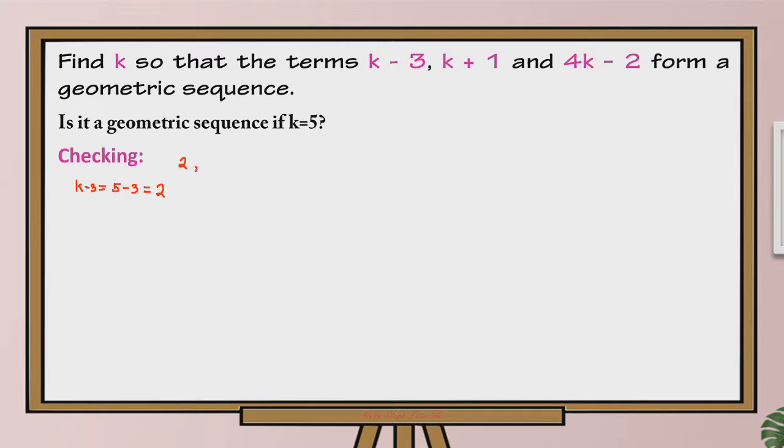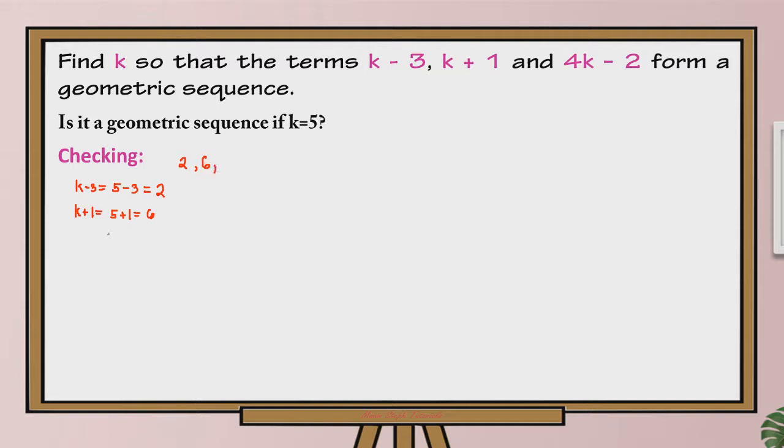So, to get the next term sa ating geometric sequence, gagamitin natin ang k plus 1, which is equal to 5 plus 1 equals 6. And that is our second term.